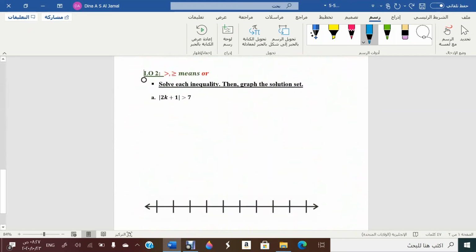Now let's go to bigger than and bigger than or equal, which means or. Following the same steps. Case 1. Take whatever inside as positive.